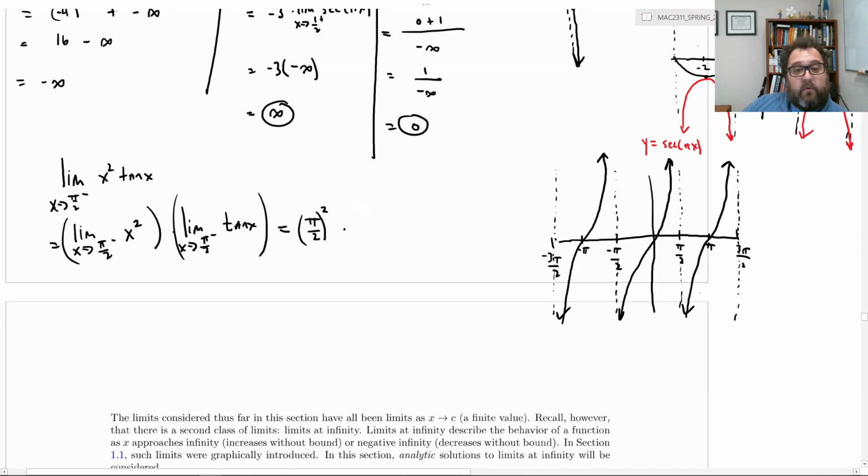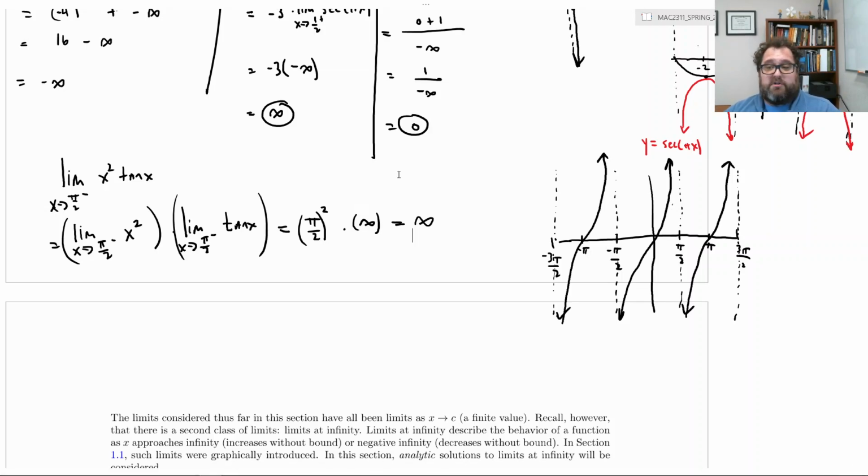So now looking at the graph, what is the limit as x approaches pi over 2 from the left? So here to the left of pi over 2, tan is doing what? It's shooting off towards infinity. So it's an infinite limit, and we have a finite pi over 2 squared times infinity. Tells us that the overall limit is infinity.